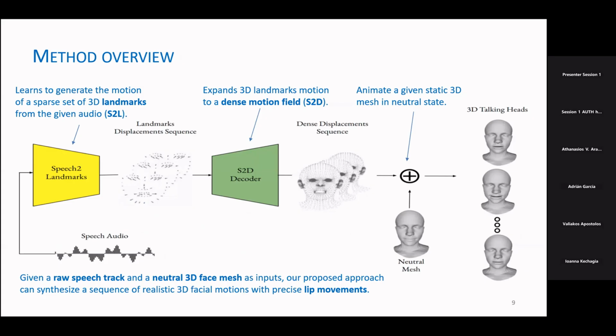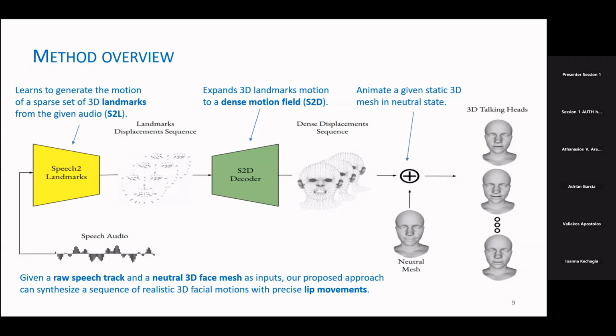Here you can see the architecture of our system. It is composed of two networks. The first one is called S2L, which starting from an input speech generates the movement of the landmarks.